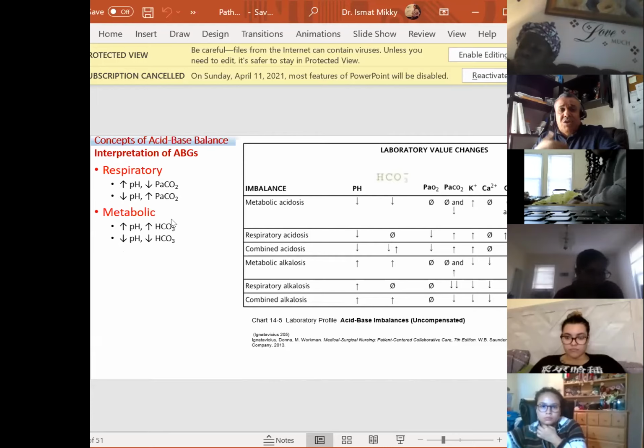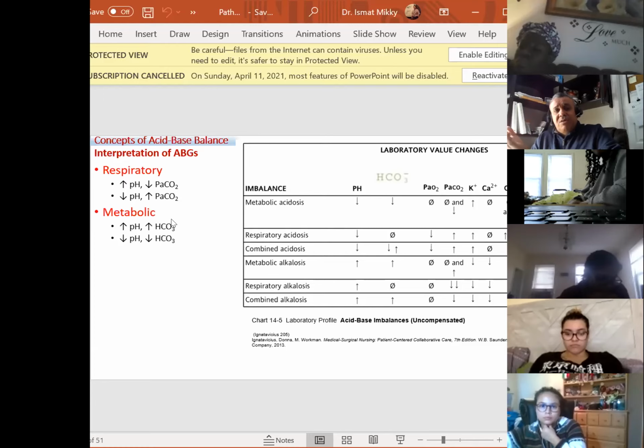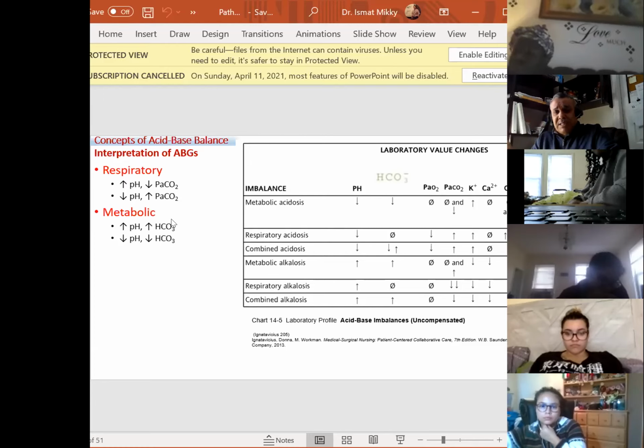These are a source of metabolic alkalosis. Or the patient is vomiting for like 2 days. They are going to lose lots of hydrochloric acid, so they will develop alkalosis, and that's metabolic in nature.